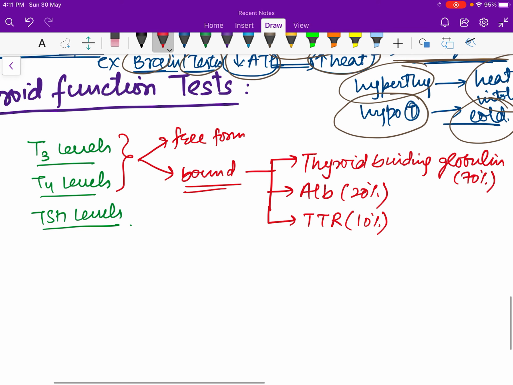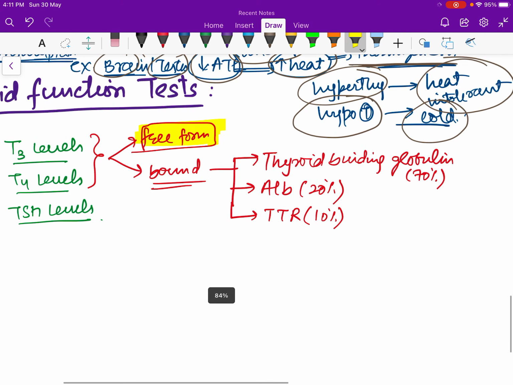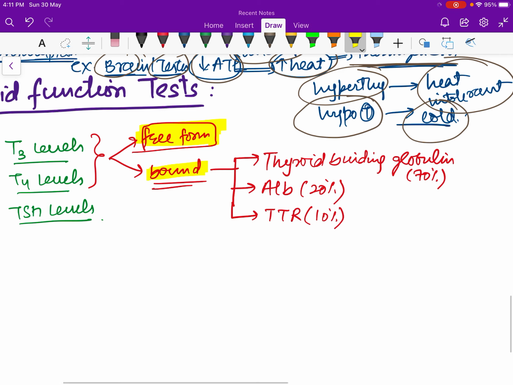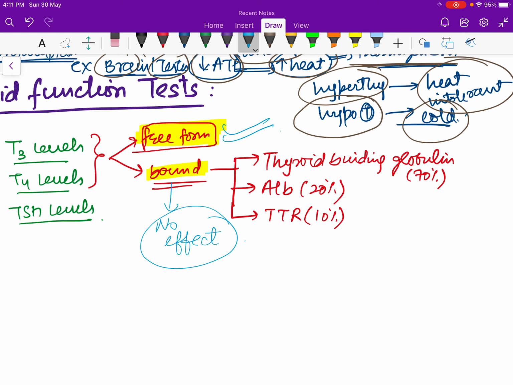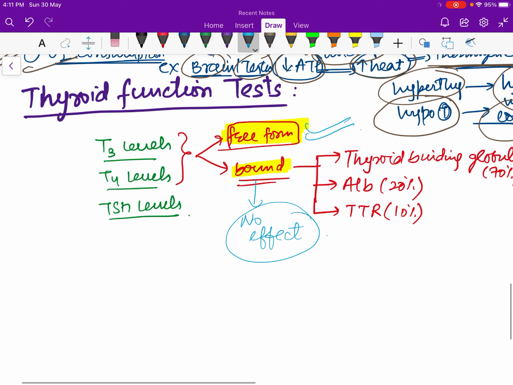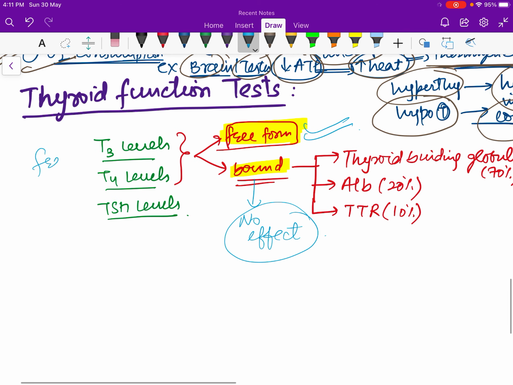These hormones can either be in free form or in bound form, but the significant one is the level in the free form, because the hormone present in bound form will not produce any effect. All the effect will be because of free hormone. That means in thyroid function test, we need to measure the levels of free T3 and T4.